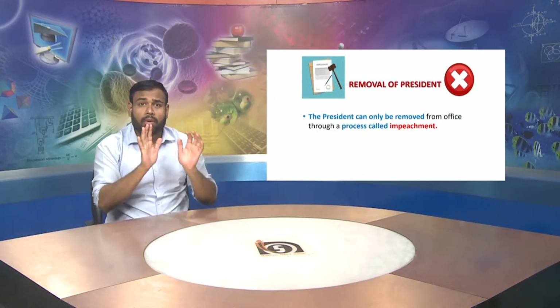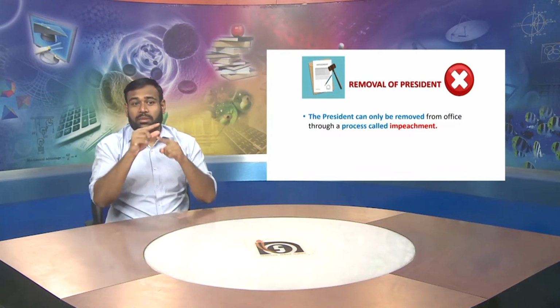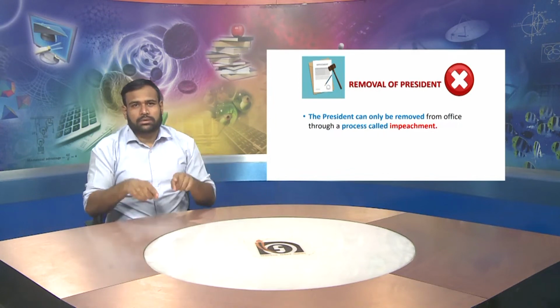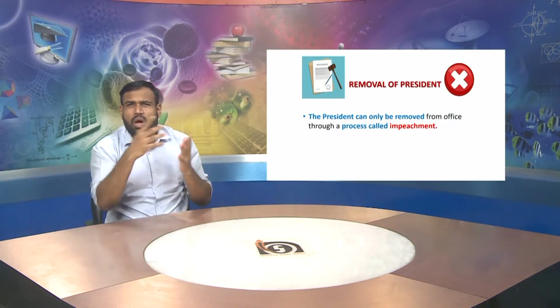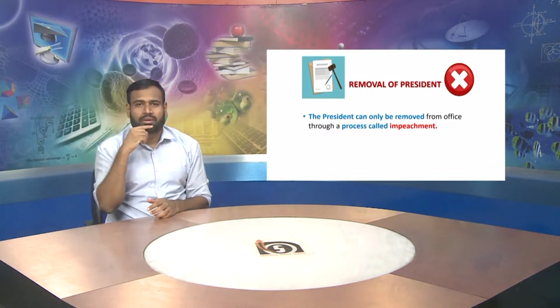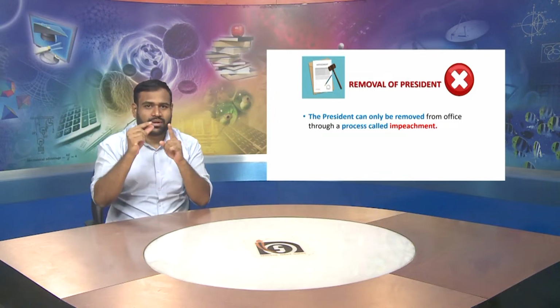Let us now understand is there any procedure of removal of president? The president can only be removed from office through a process called impeachment. This word you can see with the red color.